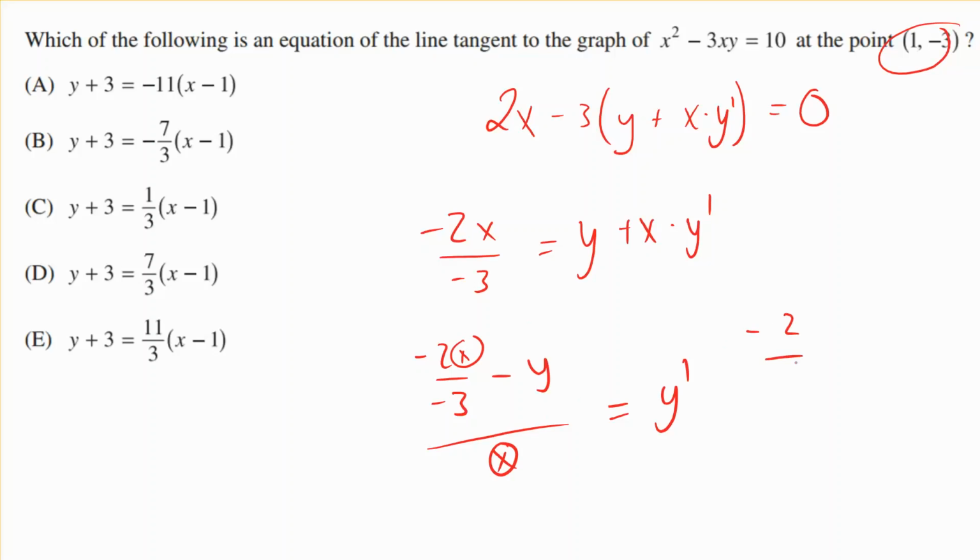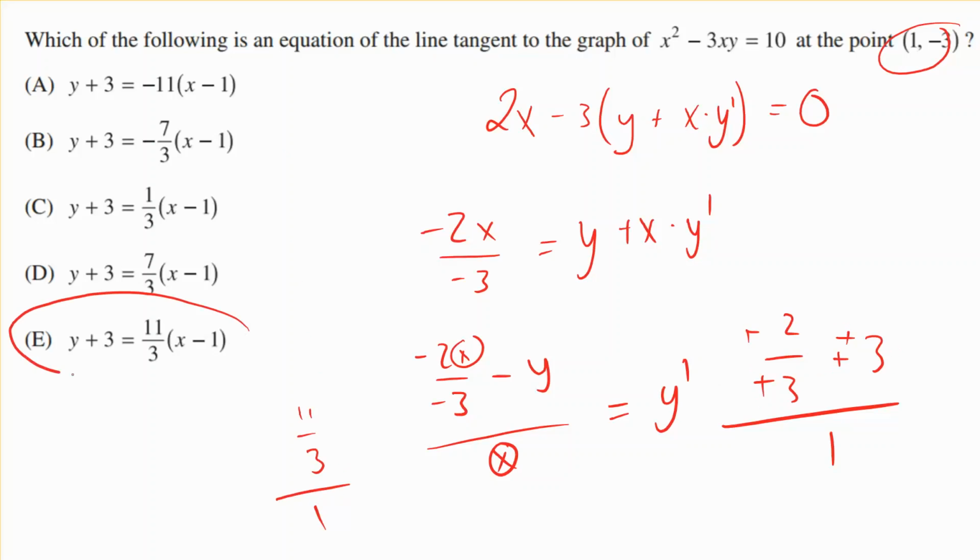So I've got -2 over -3, over 1. And I put in the -3 for y, negative. And let's do it. So I've got 2/3 plus 3, which is going to be 11/3 over 1. So my slope is 11/3.